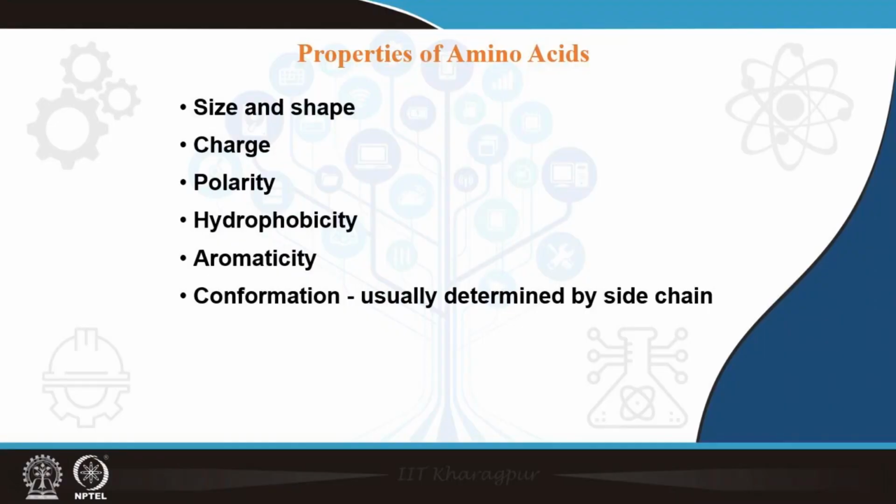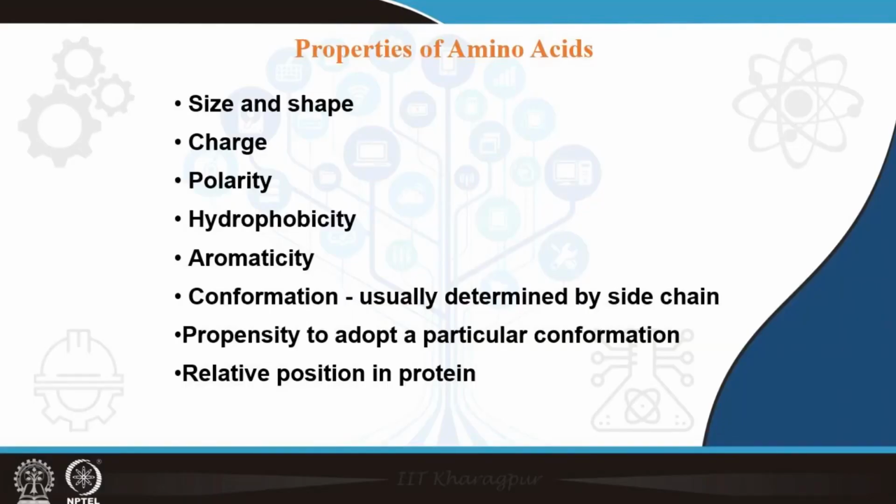But if we have a long side chain like lysine or arginine, we have a lot of single bonds in there. What can happen to those single bonds? They can rotate. As they rotate, say I have the lysine rotate, then what is going to happen? The NH2 group that forms the end of the lysine group will also rotate, will also change, and as it changes, it is going to change the conformation of its side chain.